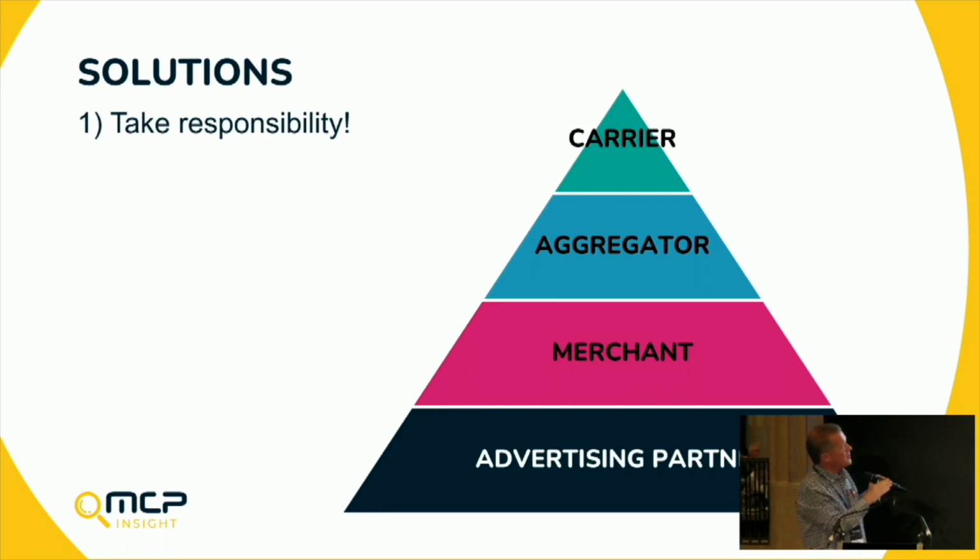But it only happens once they hit the service page. So the merchant is more than likely going to host the landing page. The aggregator is more than likely going to host the payment mechanic, the order, as we call it, the first step to request the billing. And the carrier will be hosting the payment page.